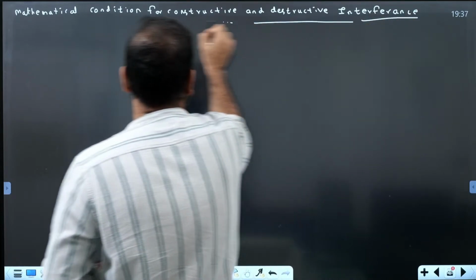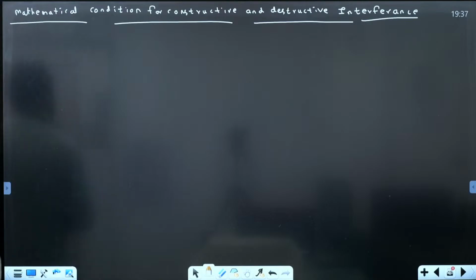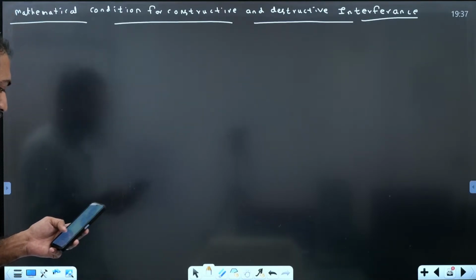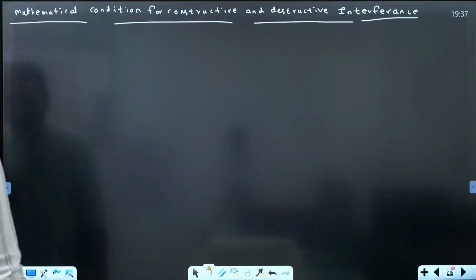It's a very lengthy derivation. Actually, the derivation is not important. Only the final answer is important. So, I'm just explaining the steps.